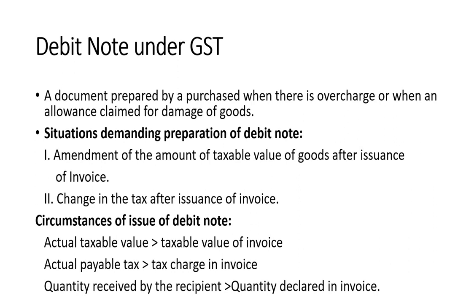The quantity of the goods received by the recipient is greater than the quantity declared in the invoice. Say for example, in the invoice it is mentioned as 100 units, but the number of units received by the recipient is 125. In such a case, there must be a change in the invoice value here. Under such situations, the debit note is prepared.